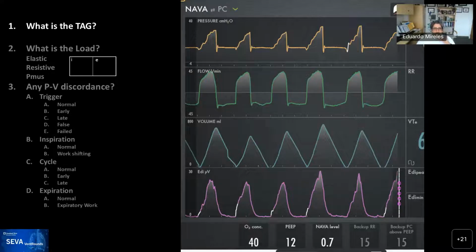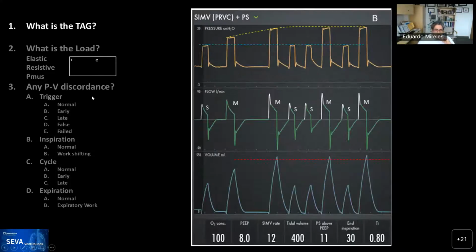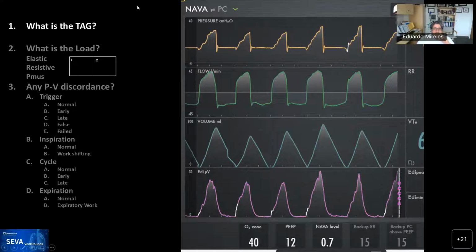So here's another one. Again, we want you just to tell us the tag. And the tag for this would be the mode is on the top of the screen. So what is the tag for this mode?